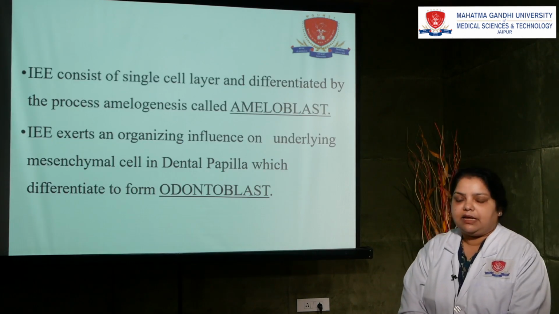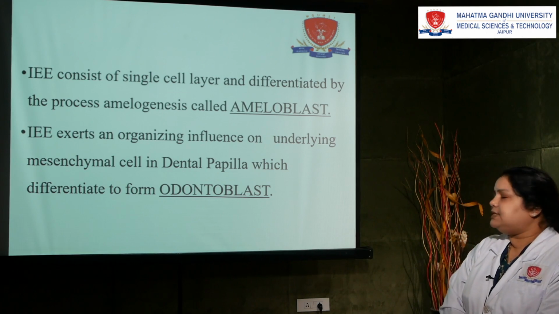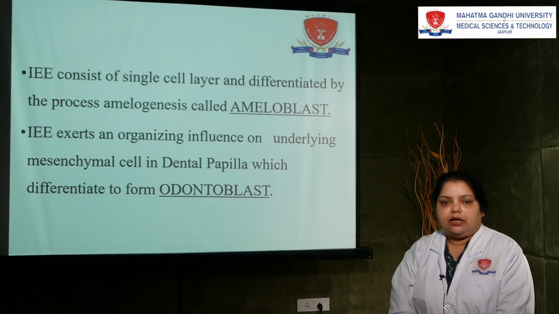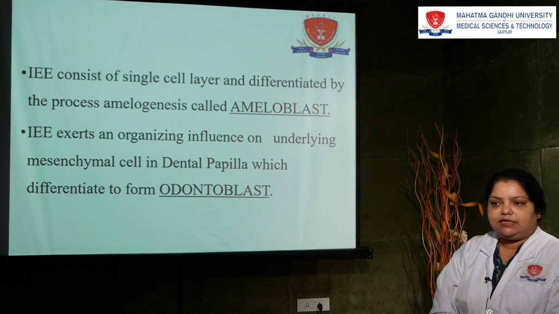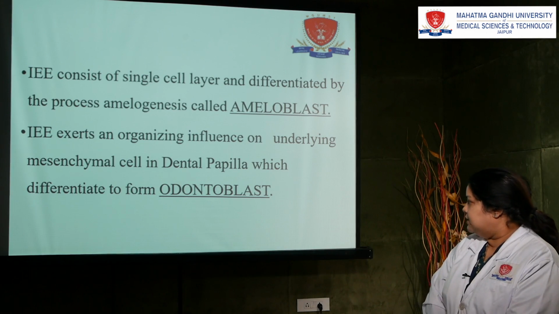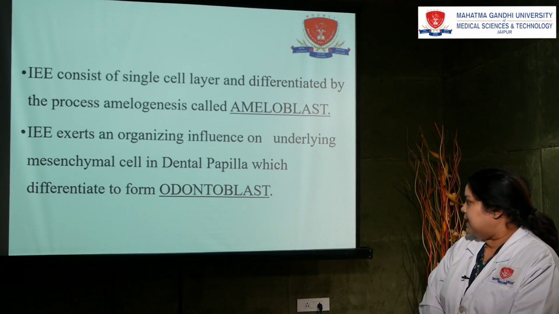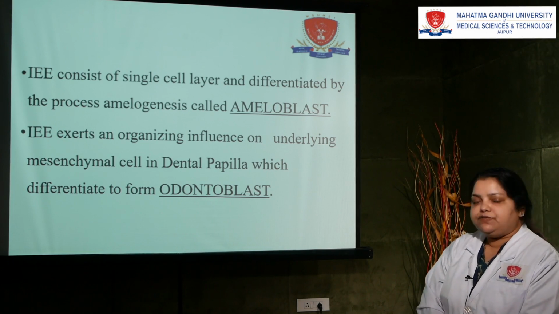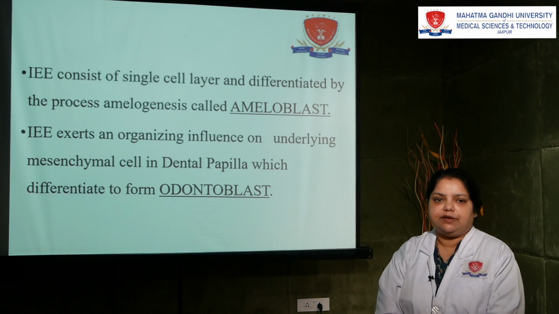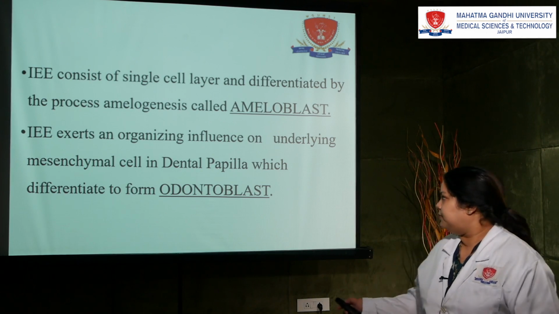The inner enamel epithelium consists of a single cell layer, which is known as ameloblast. This ameloblast gives rise to the enamel, whereas the inner enamel epithelium exerts an organizing influence on the underlying mesenchymal cells in the dental papilla, which will differentiate into odontoblasts, and the odontoblasts will give rise to the dentine.